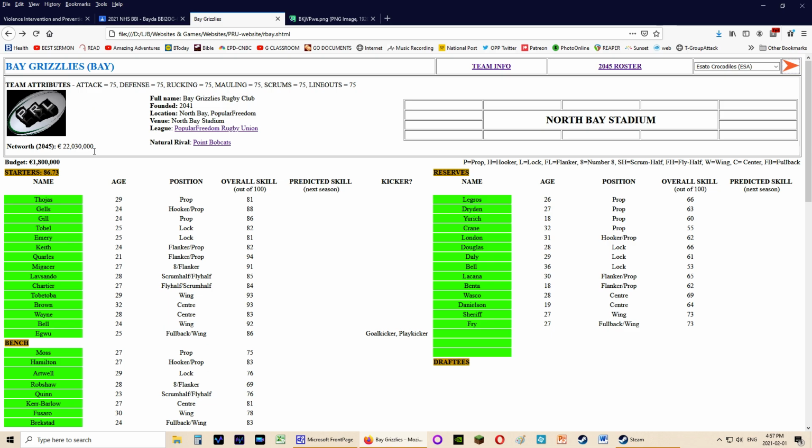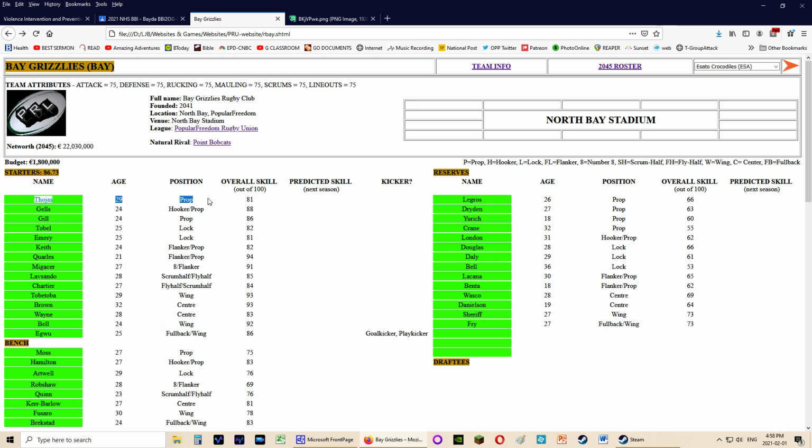So, what do you need to consider? First thing you want to consider really is the net worth. Net worth is all the assets the company owns. In this case, the only assets you have are players and cash. And cash is indicated by your budget. It's indicated in euros, by the way. Okay.